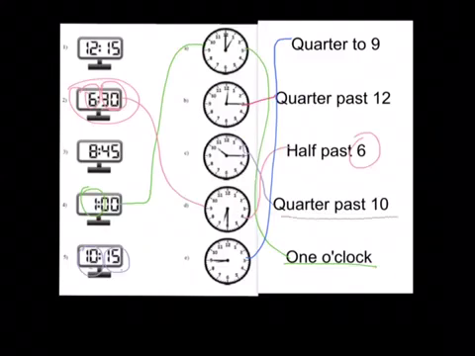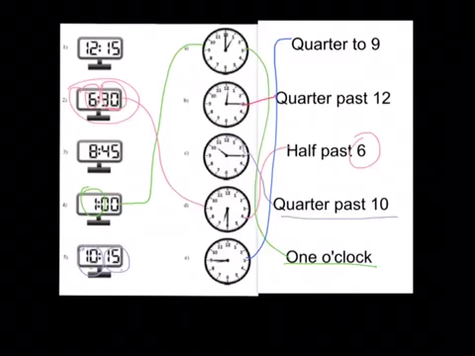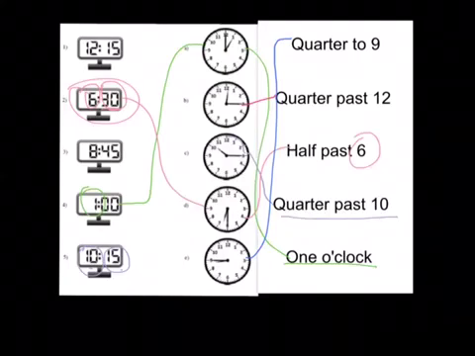Okay, let's have a look at the next one. So this one here, we've got 12:15. Okay, so we're looking for one that has a 12 in the hour spot. And then we're talking about 15 minutes. So a 12 in the hour spot and 15 in the minute spot.